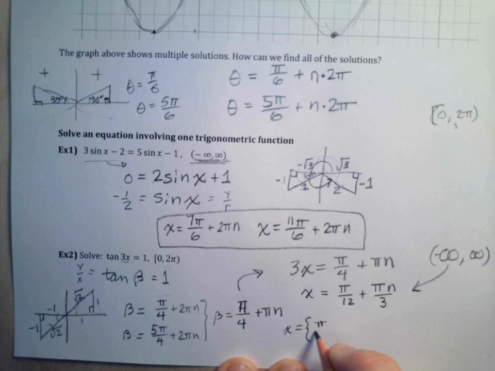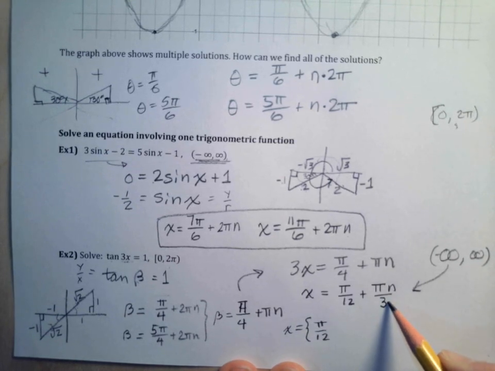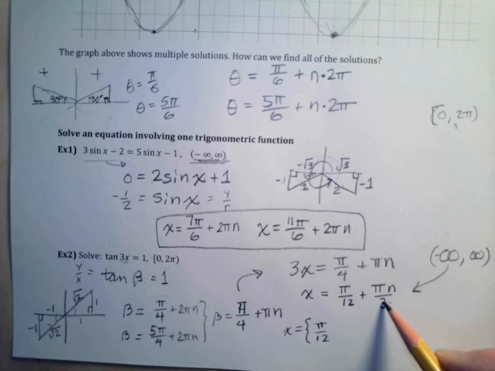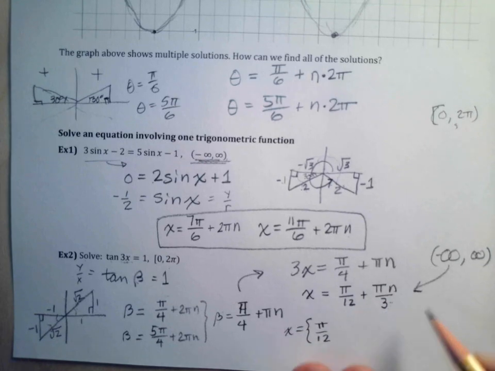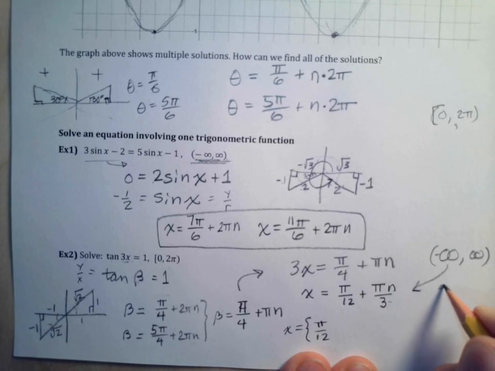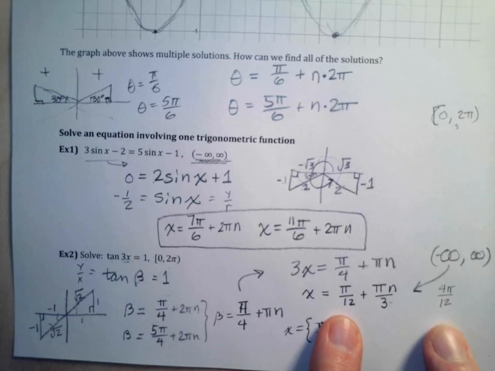So pi over 12. All right, and then we just add to it. I can't subtract because then I'm below 0. But I'll add pi over 3, or it helps to get a common denominator, so we want to add 4 pi over 12 each time.